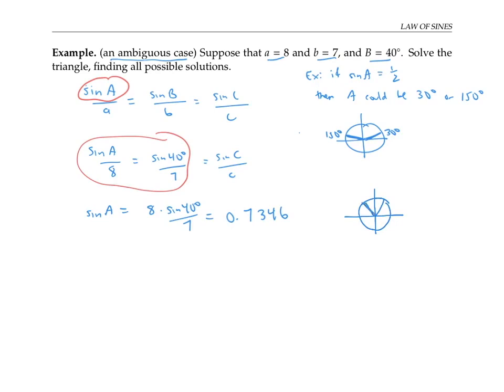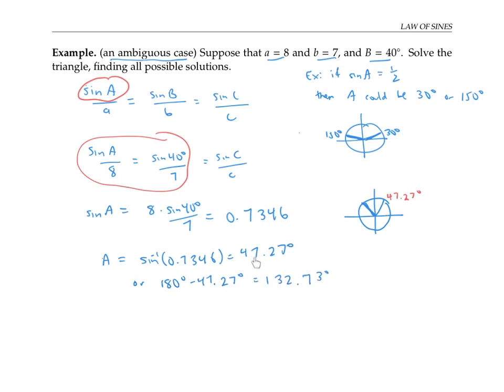If I take sine inverse of both sides of my equation, I get the solution in the first quadrant, which is 47.27 degrees. Since this angle right here is 47.27 degrees, so is this angle here, and so the angle that I want in the second quadrant I can get by going 180 minus 47.27 degrees, which works out to 132.73.